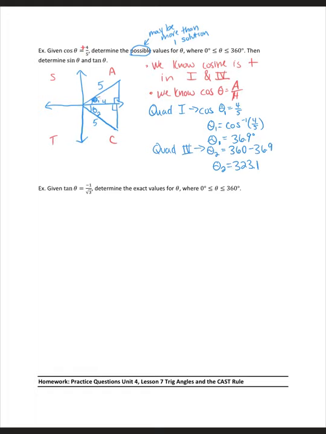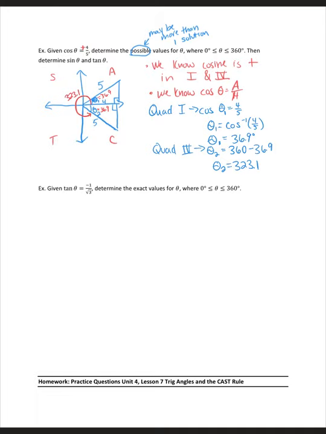So if this is 36.9, this is 36.9, right? So if we wanted to measure the principal angle of this, we'd go around counterclockwise to there, and we would find that that is the 323.1.